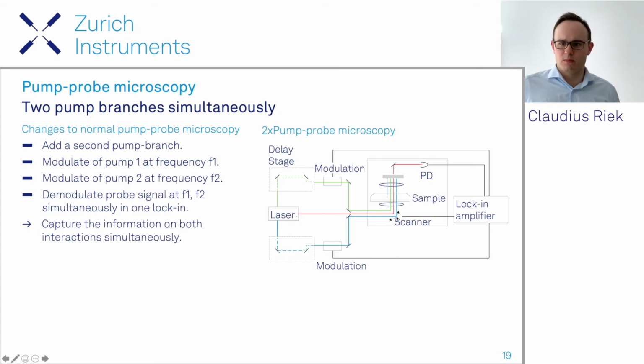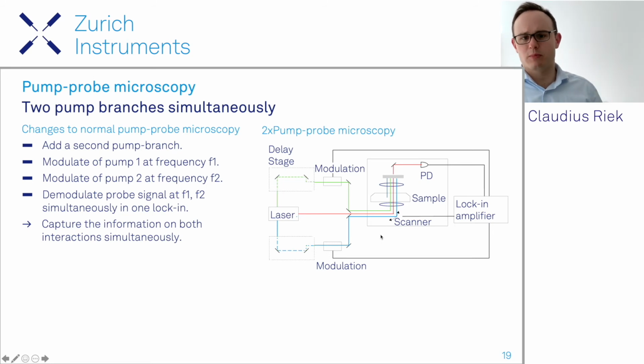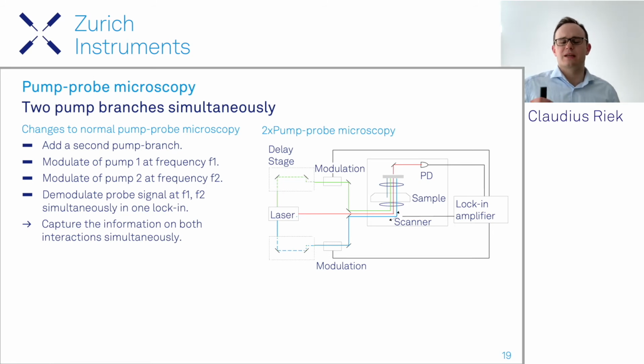Then we put both into the same lock-in. We put the photodiode signal into only one lock-in amplifier, but we feed into the lock-in amplifier both modulation frequencies. Now what a modern lock-in amplifier can do, it can demodulate the probe signal simultaneously at both frequencies, f1 and f2, and therefore capture the two frequencies.